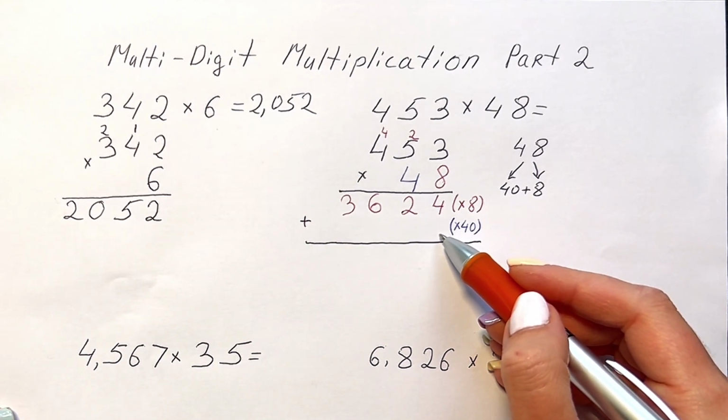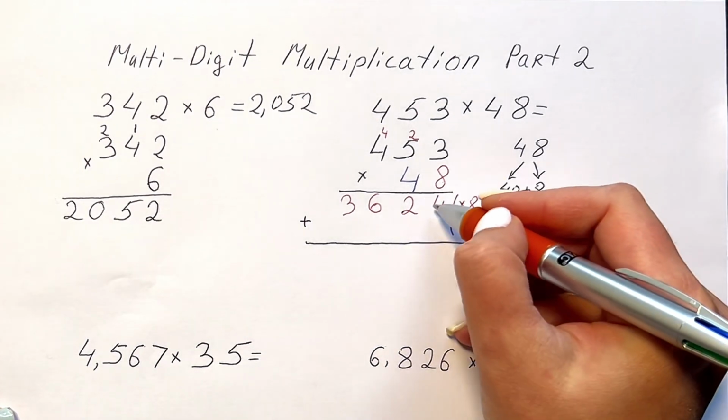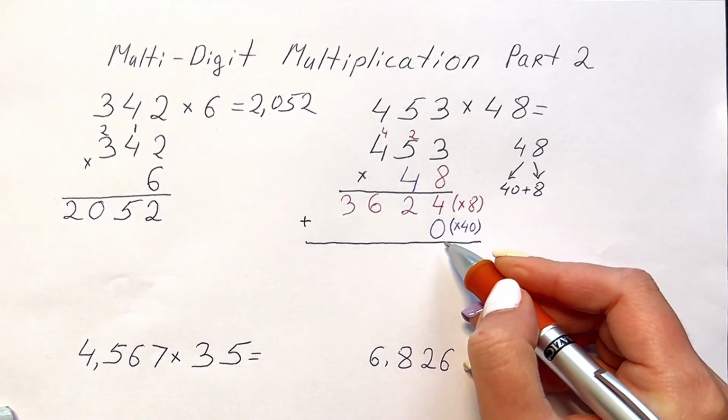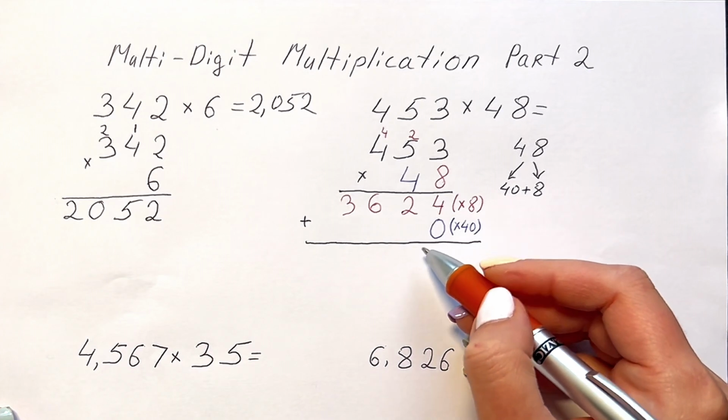So before we start multiplying, we need to put a 0 in the first spot of our answer line. Let's put the 0. That means that all the other answer digits are shifted to the next bigger place.